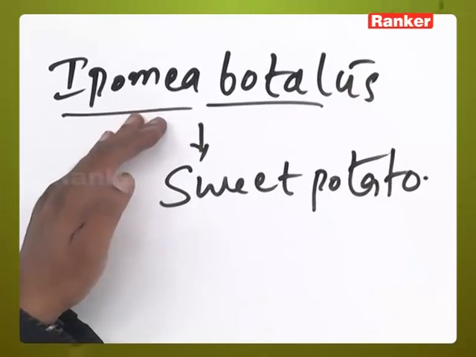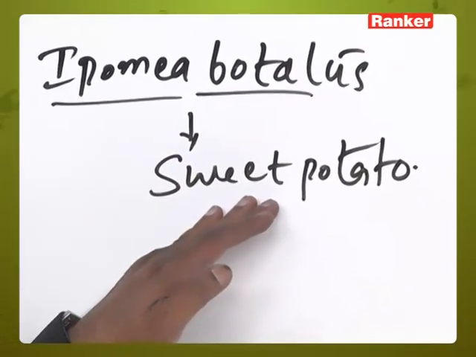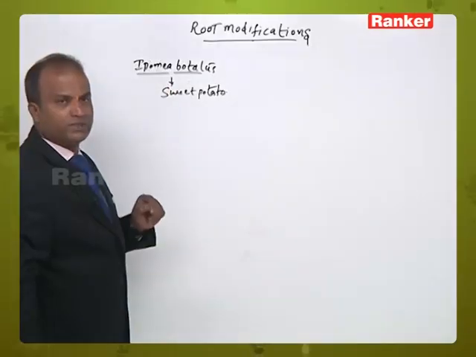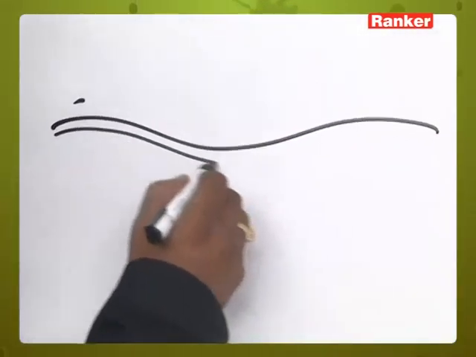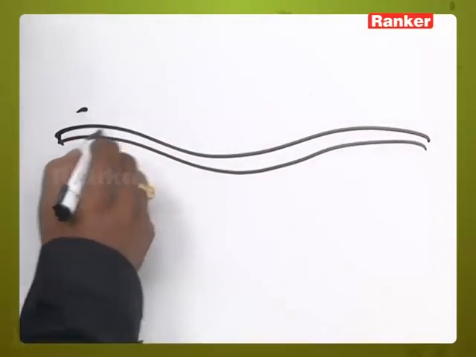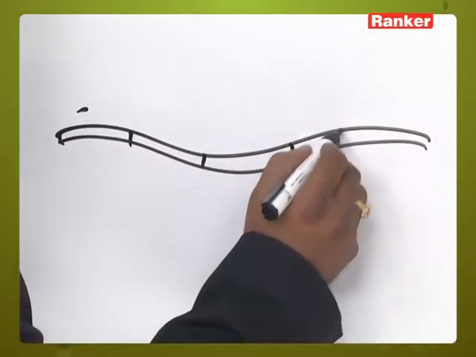Next goes to Ipomoea batatas, that is nothing but sweet potato. What happens in this? See here, think this is the stem. The stem is differentiated into nodes and internodes.